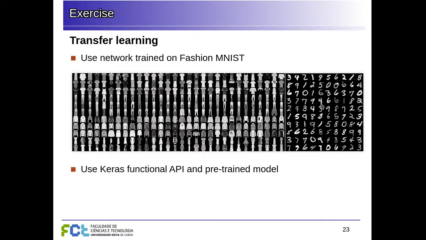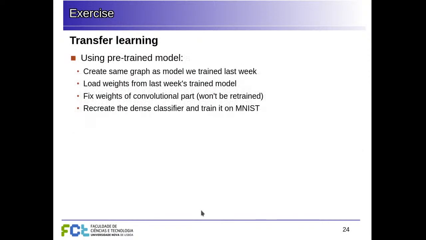For this we're going to use the functional API in Keras because we need to manipulate the models a bit more flexibly, and we're going to use the pre-trained model from last week. So we're going to create the same model now with the functional API.